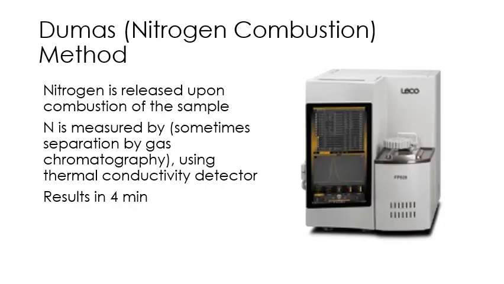Another alternative to the Kjeldahl method is Dumas, which also measures nitrogen. Dumas is a nitrogen combustion method where nitrogen is released upon combustion of the sample. The nitrogen is sometimes measured by gas chromatography using a thermal conductivity detector. These methods give fast results, in about 4 minutes.